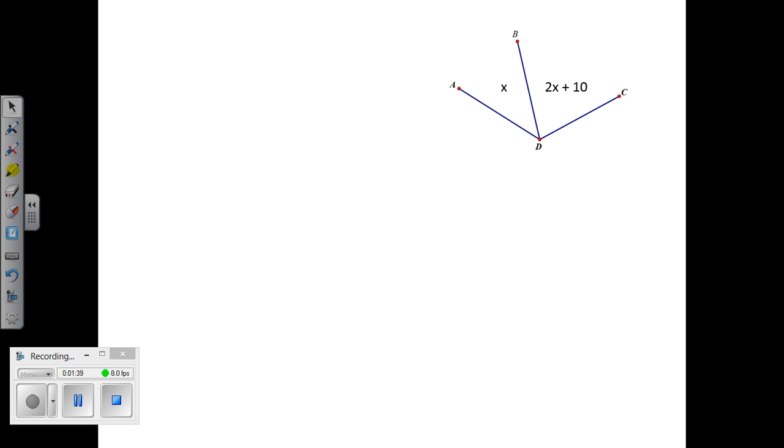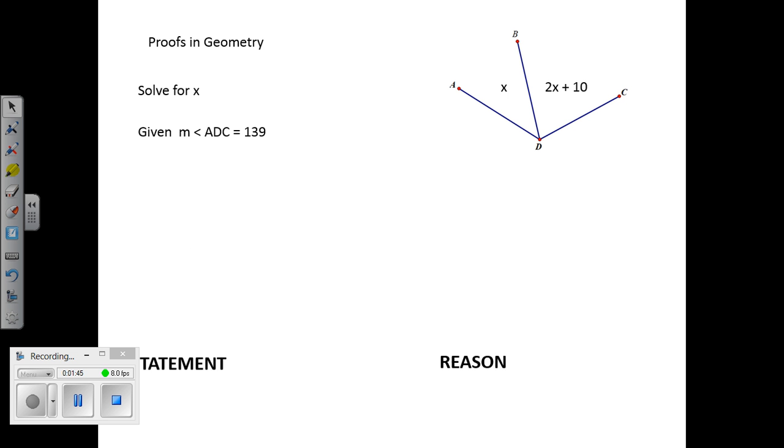So here we go, a familiar problem. What we're going to do is a formal discussion of proofs. We've done this problem. This problem involves the angle addition. You've done problems exactly like this. With a proof in geometry, we have to account for every step along the way.